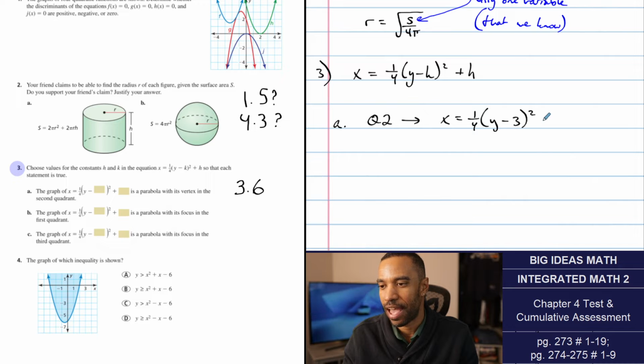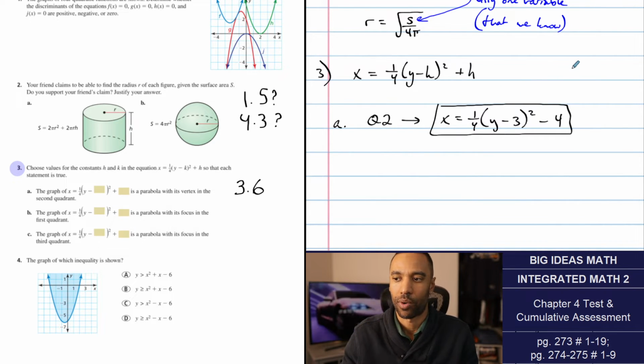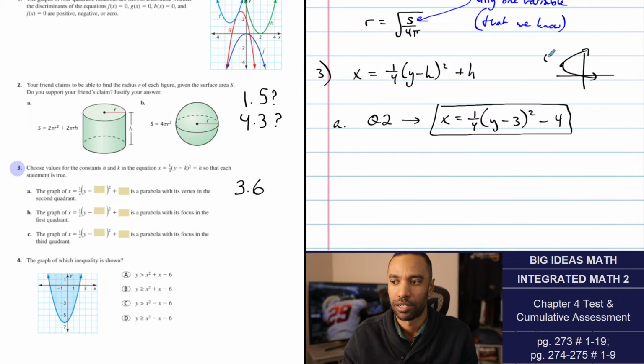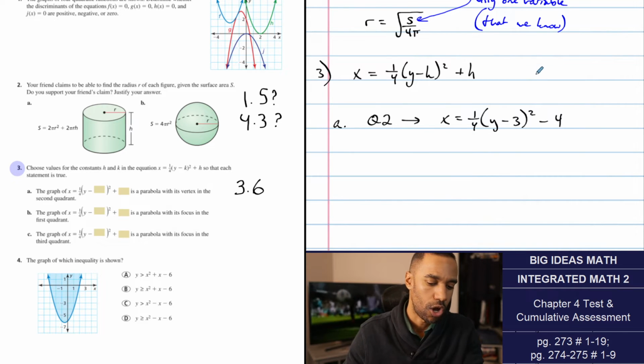And a negative x, we want, say, minus 4, something like that. These are open-ended. This graph would then look like at negative 4, comma 3, and would be going in that direction there.